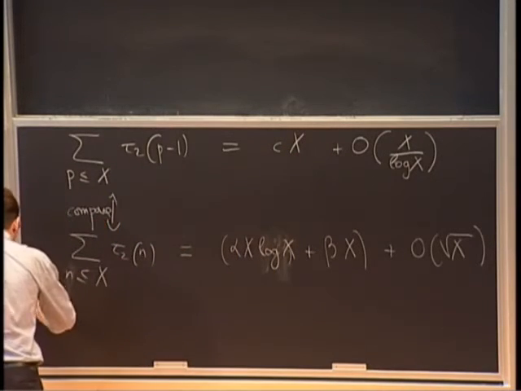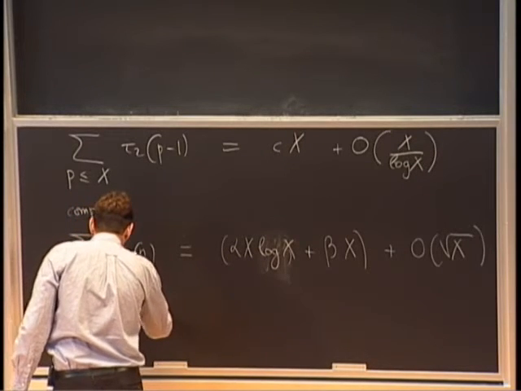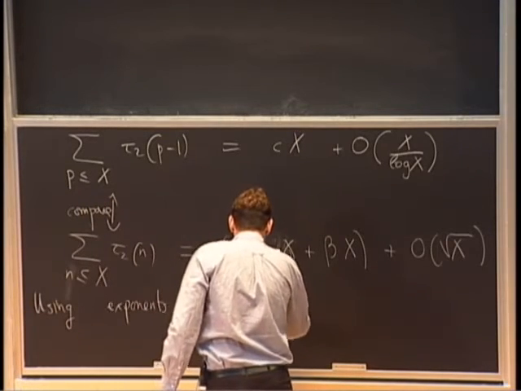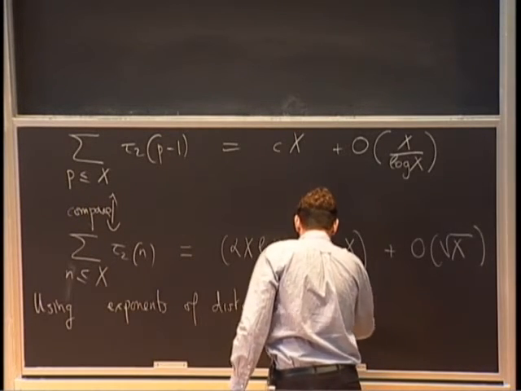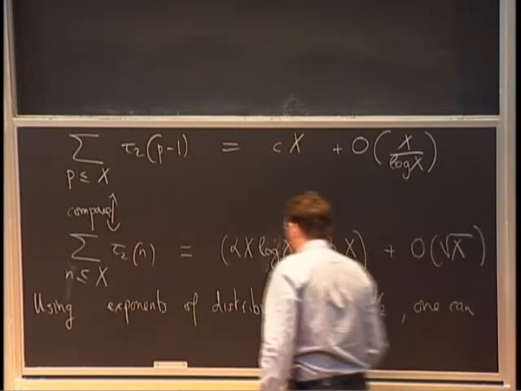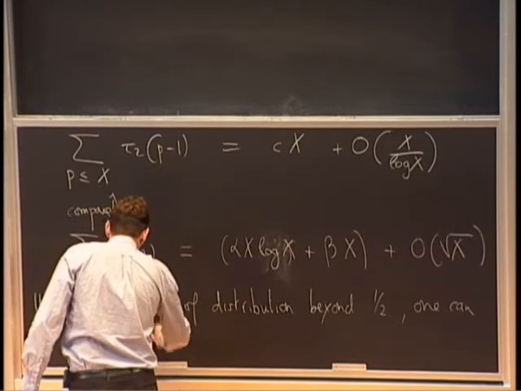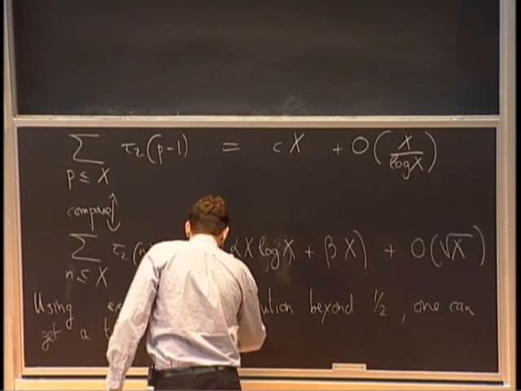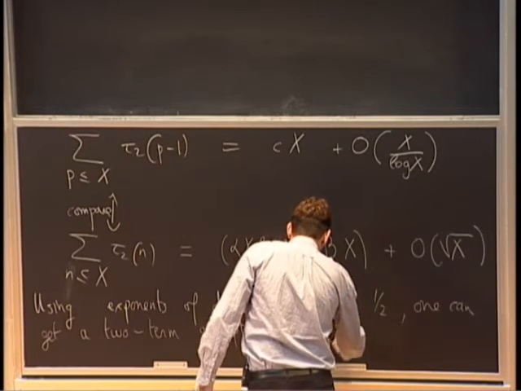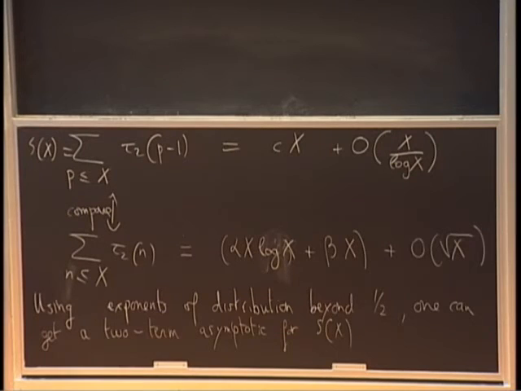But if you use exponents of distribution beyond 1/2, one can get a two-term asymptotic formula for the Titchmarsh divisor problem sum I called S of x before.